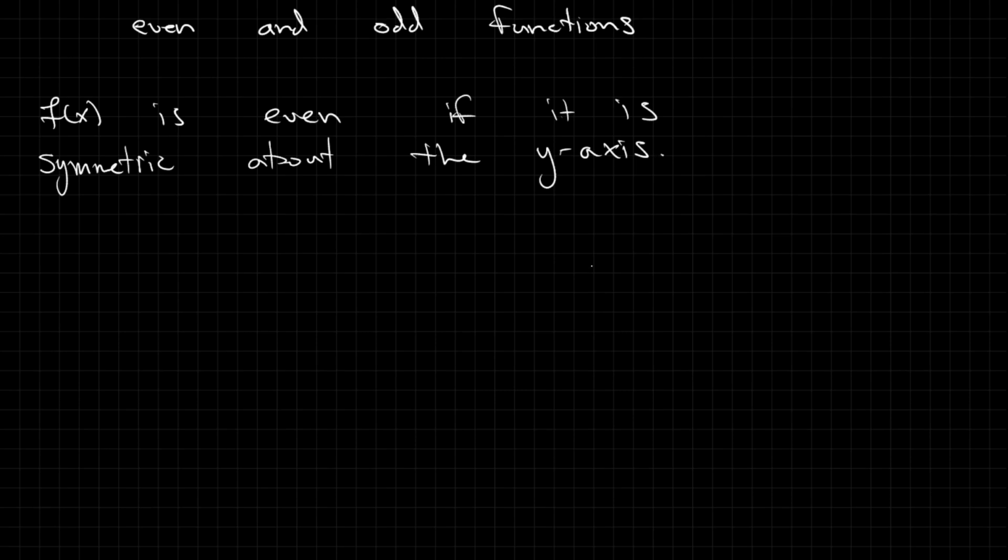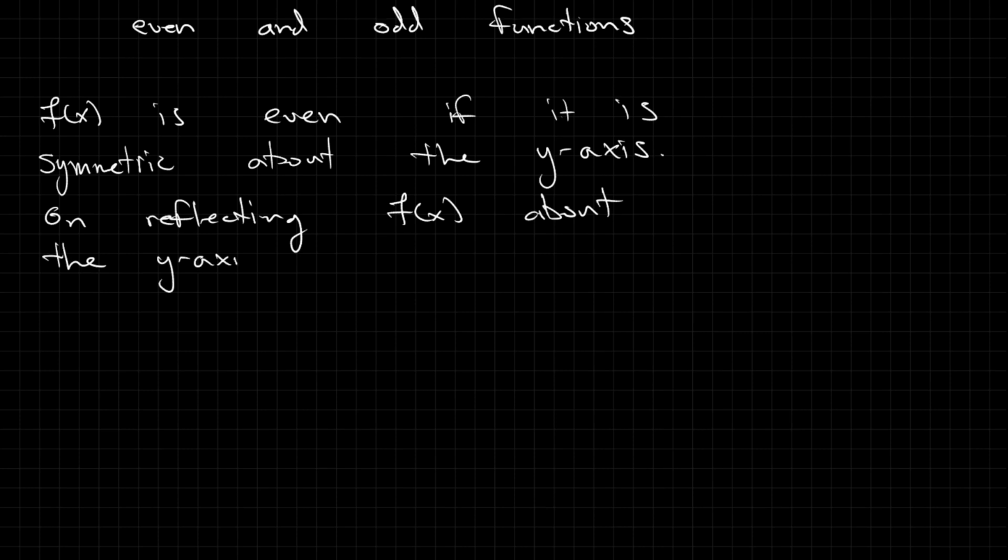And specifically, what I mean by symmetric is when you reflect f of x, you get the same graph. So on reflecting f of x about the y-axis, you get the same graph.